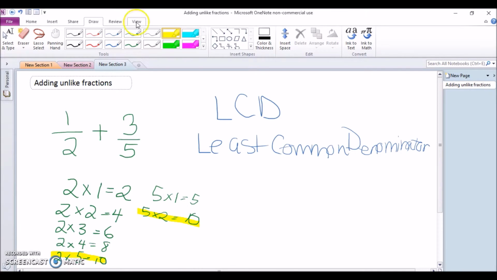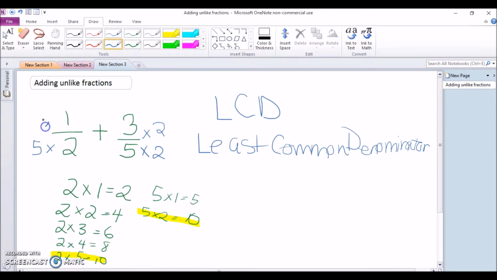So, I would need to multiply our denominator by 2, and also the numerator by 2. Okay, on this side, our 2 had to be multiplied by 5 to get 10, so I'm multiplying this fraction by 5.